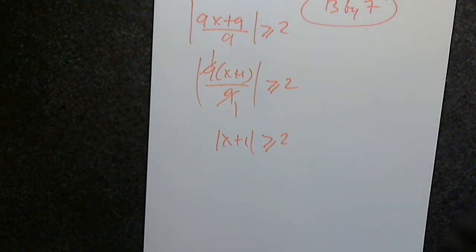Now we have to go back and remember what we do with the absolute value being greater than or equal to a number. What are the options?